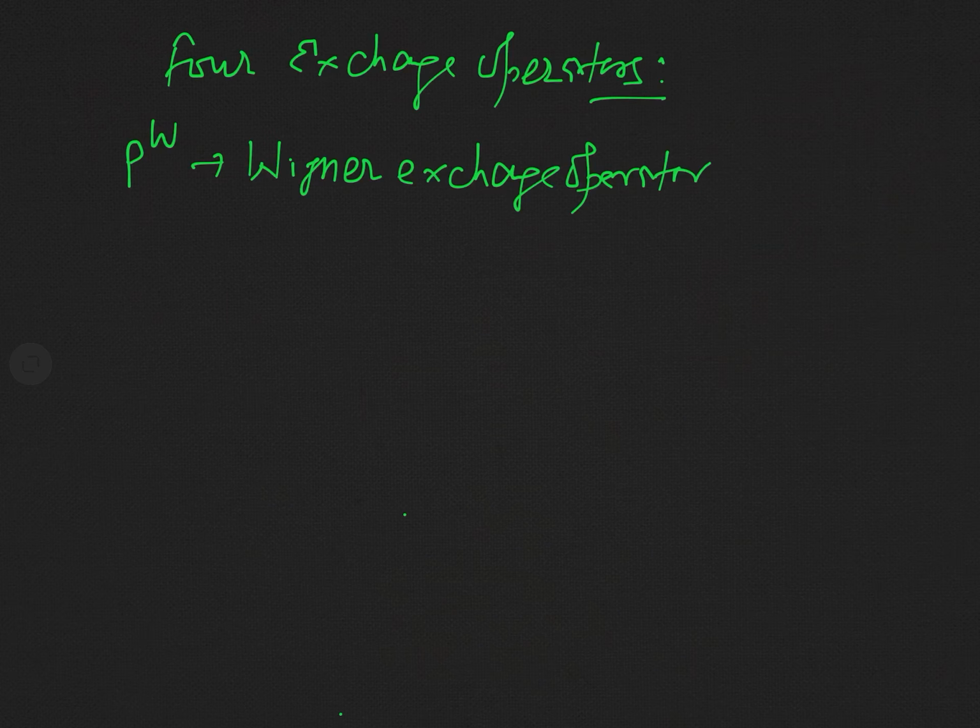Actually, this Wigner exchange operator is an identity operator. It means when this is operated on a function, the function will not change. It means the eigenvalue of this operator will always be 1.